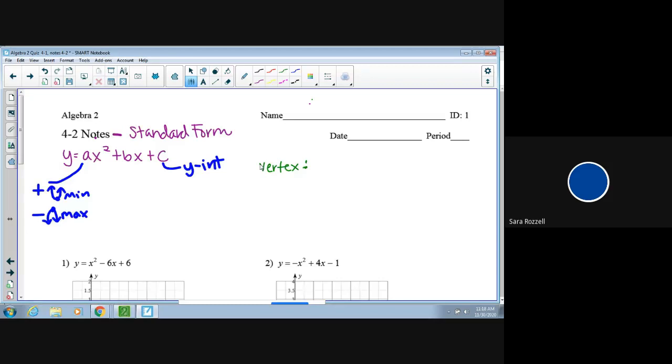So we have a formula to find the x-coordinate of the vertex, and it is this: x equals negative b over 2 times a. So you're going to use the b and the a from your problem. The b is the one next to the x, and the a is the one in the front by itself, or with the x squared.